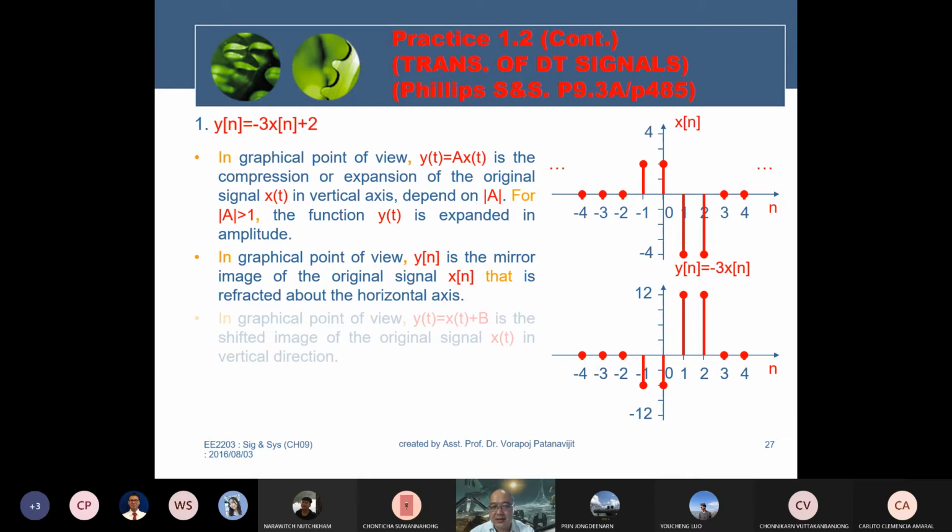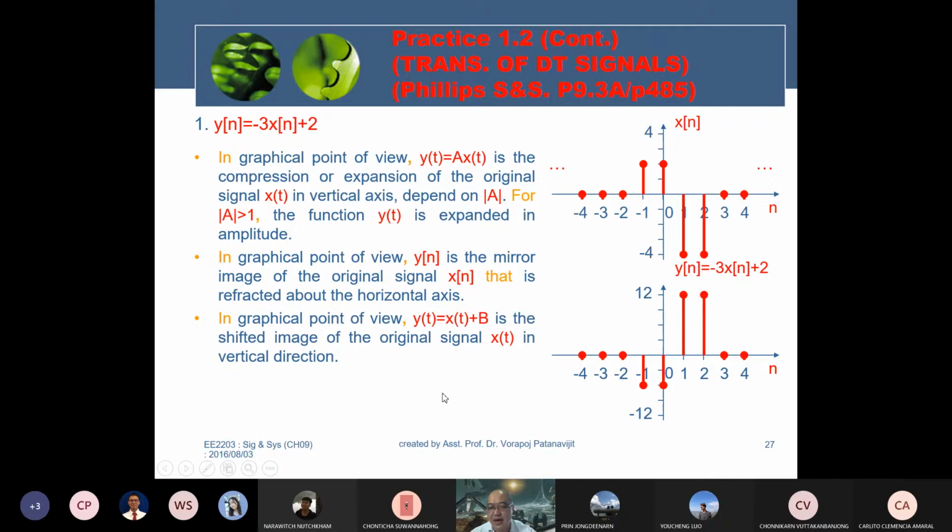Next one, the last step. After you proceed for the amplitude scaling and the amplitude reversal completely, you proceed for amplitude shifting in the final step. For the amplitude shifting, in this case, you shift by 2. It means at every point of the data, you add 2, or you shift upward.